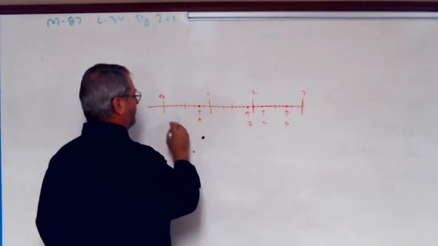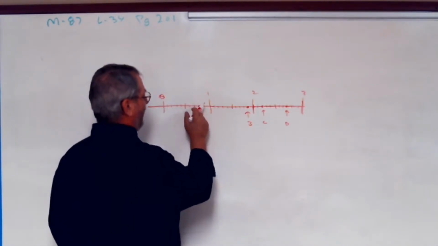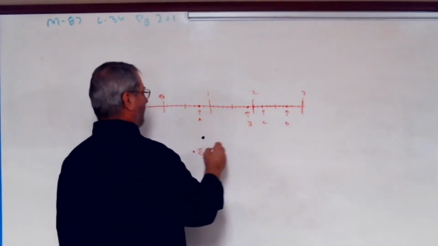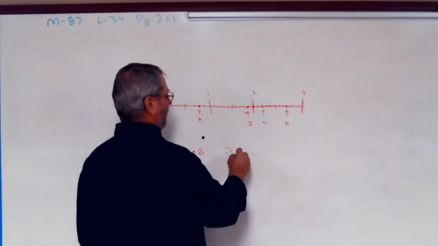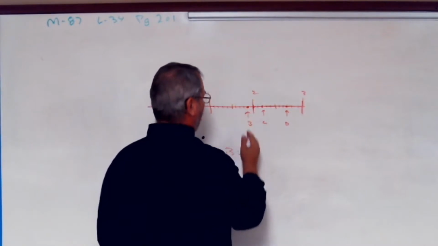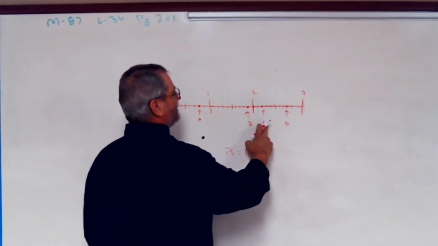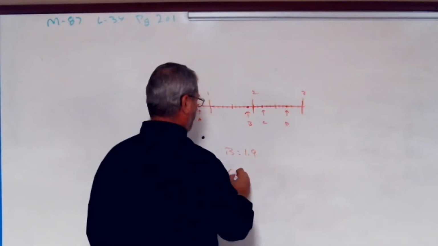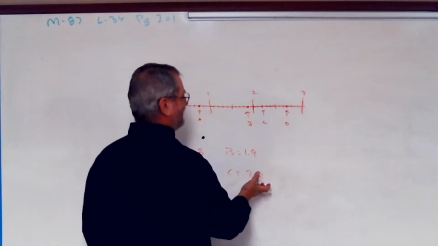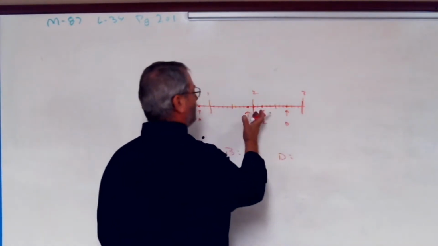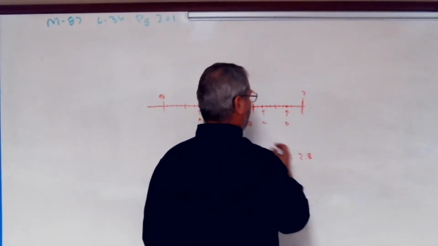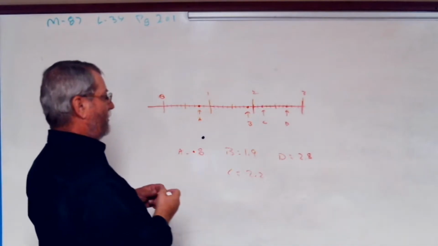So it's point 8, it's 8/10 of the way. B is 1.9. C is 2.2, 2 and 2/10. D is 2 and 8/10. All right, so those are numbers on the number line.